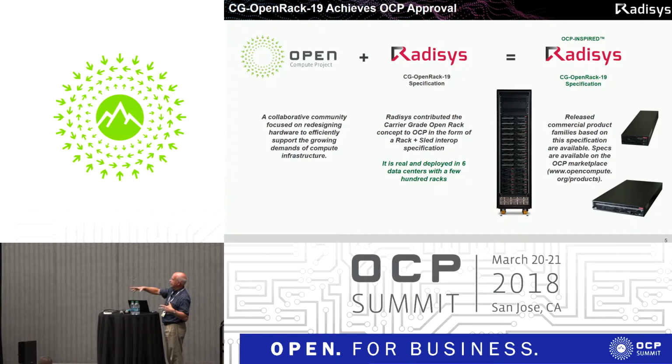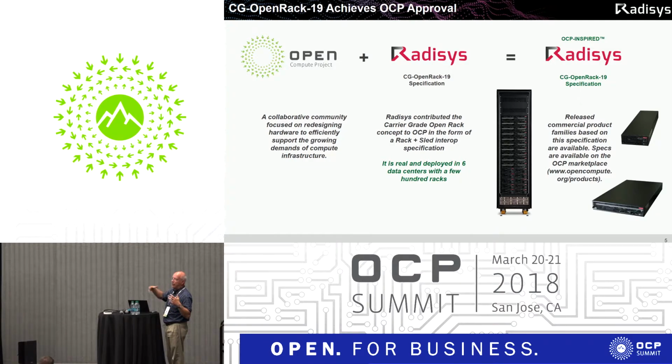In 2017, we went through the process of getting approval for the CG Open Rack 19 spec that's been distributed. In fact, it's gone through one revision since. This is an in-production system. Radisys has shipped and installed in 6 data centers.